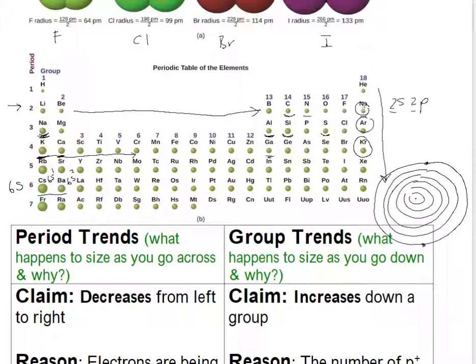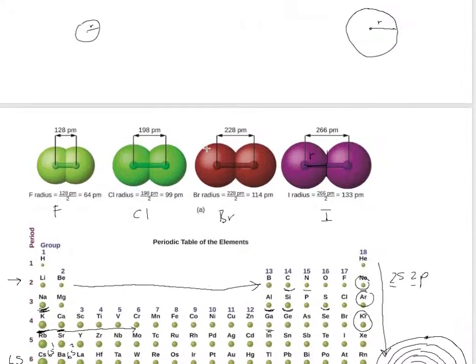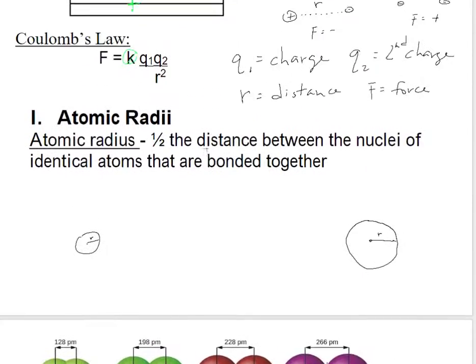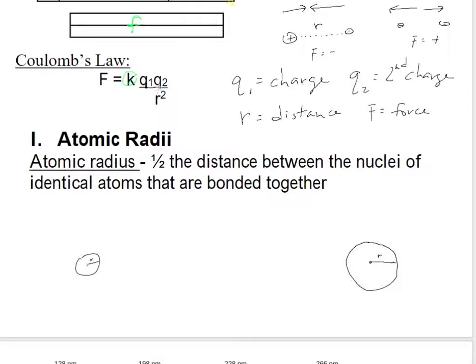Going way back to our Coulomb's law, the smallest atoms, so the lowest r value, is actually going to have the greatest force of attraction. So the lower r equals a greater force of attraction. And if we're trying to take the electrons away, we have to overcome that force of attraction. So a small radius means higher ionization energy.